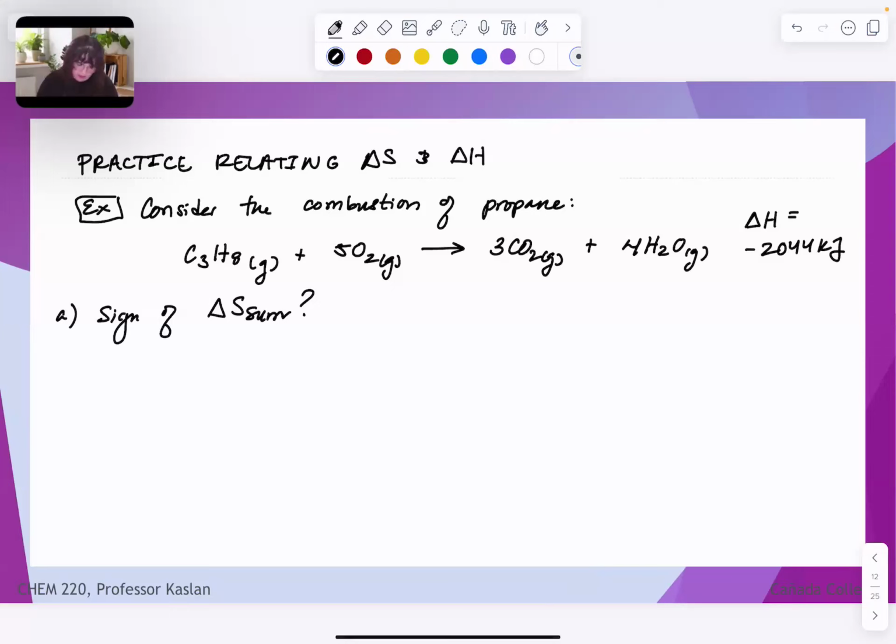So we can use our definition of the change of entropy of the surroundings being equal to the negative of the heat released or exchanged or absorbed of our system over temperature.